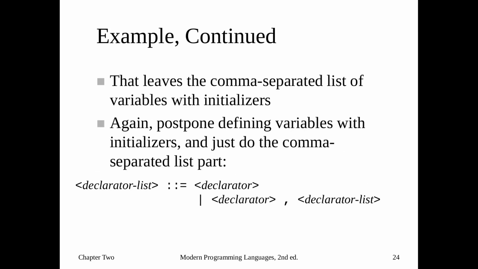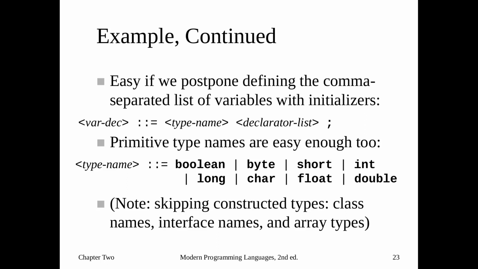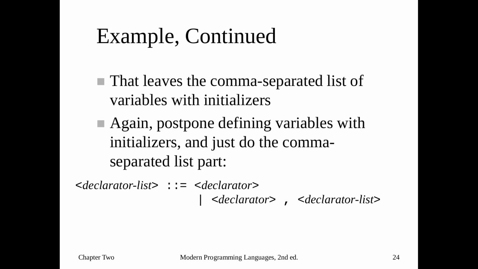So we go back and say, the next step is we have to describe what a declarator list is. And this becomes a little more tricky because it can be either a declarator by itself, or a declarator, comma, a declarator list. So it becomes a recursive notion.